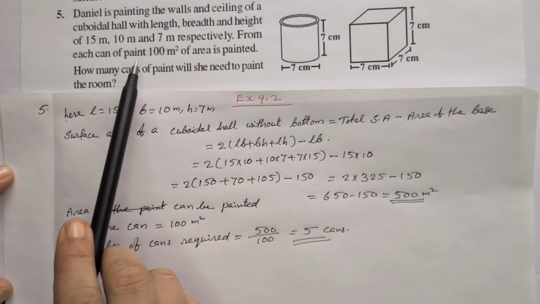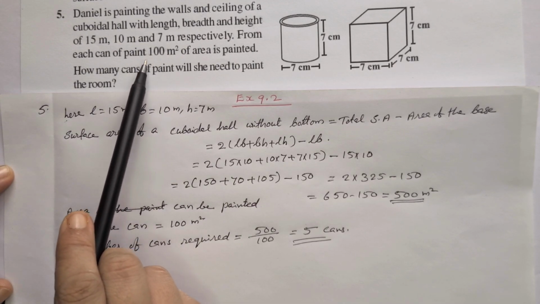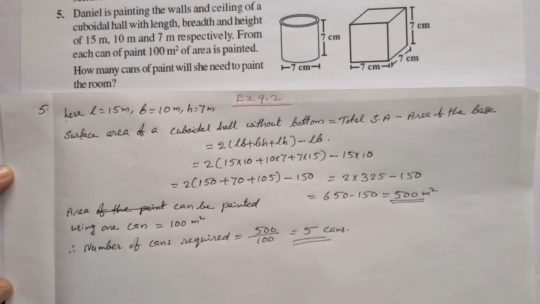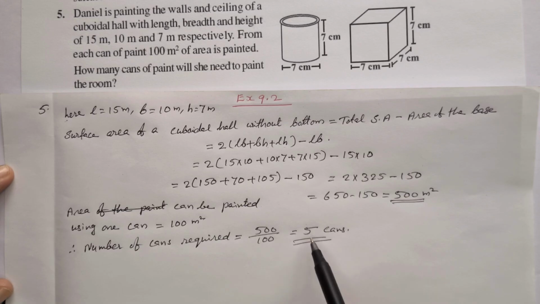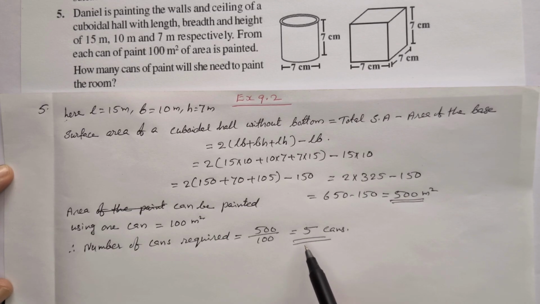Just 1 can paints that 100 meters square area. So number of cans required: total area to be painted is 500. That 500 divided by 100, since in 1 can, 100 meters square area can be painted. So 500 by 100 is equal to 5. So the required number of cans is equal to 5.